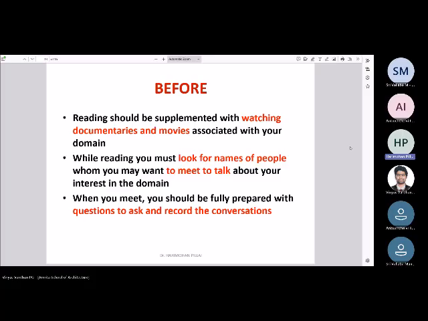And while you're reading, you're remembering the names of the author and people mentioned. Same thing can happen with documentaries and movies also. So you may come across other people who have done similar research before or related research before. If they are within your city or within your town or wherever you're traveling, make a list of people whom you can likely meet when you're traveling, and ask questions and record the conversation with the person whom you meet.